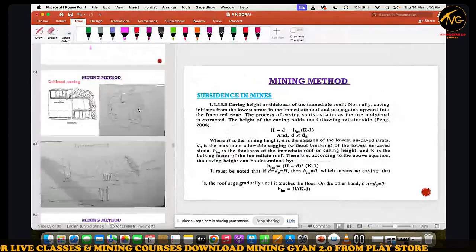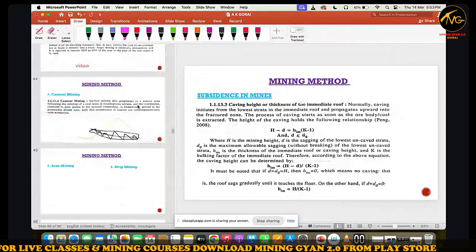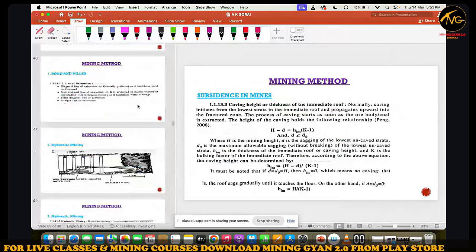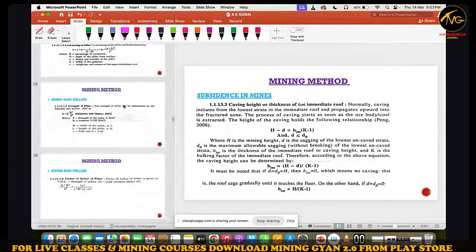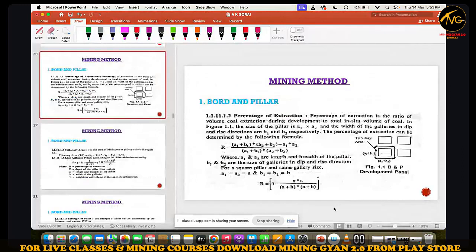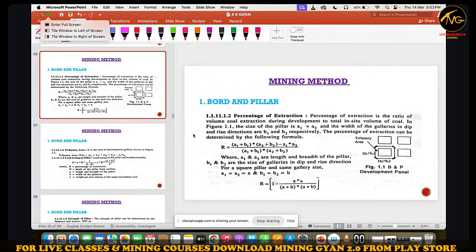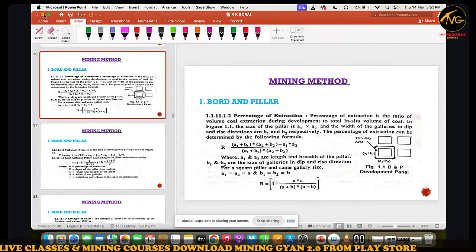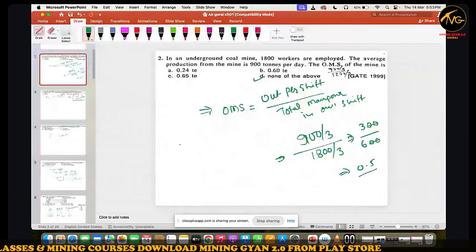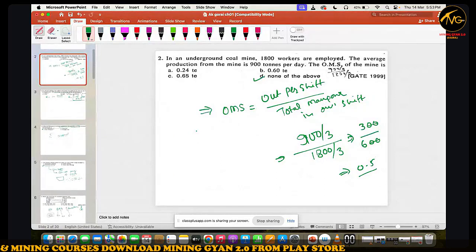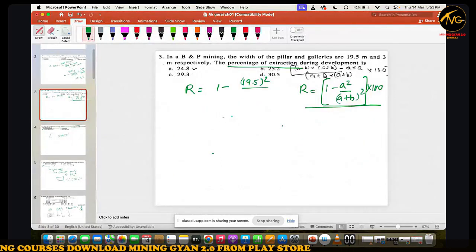And why was this 100 coming? If it is R percentage, then this 100 will come.